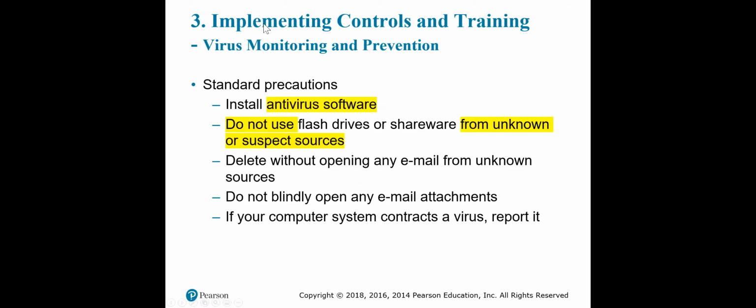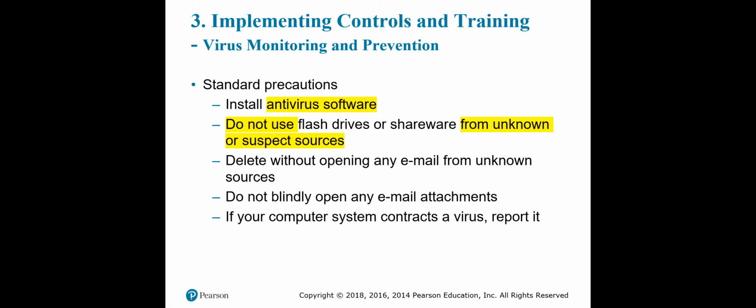And viruses and malware pose a constant threat to information systems, right? A combination of antivirus software and security practices cannot eliminate the threat, but can reduce the potential risk significantly, right?